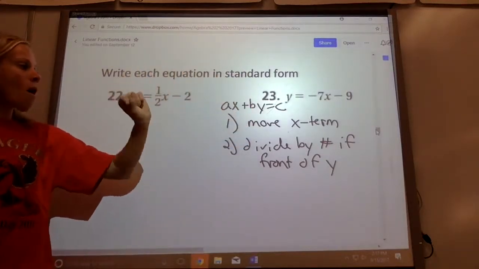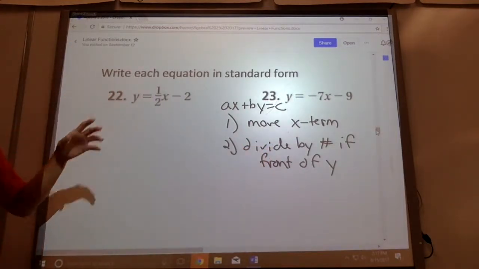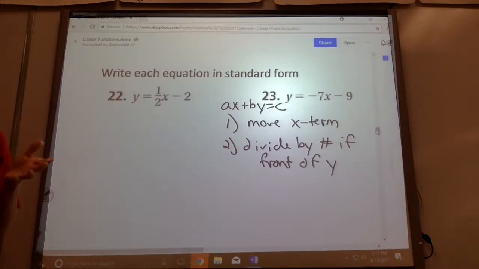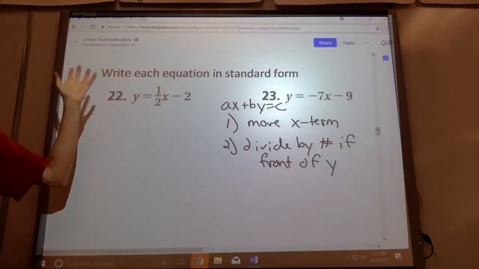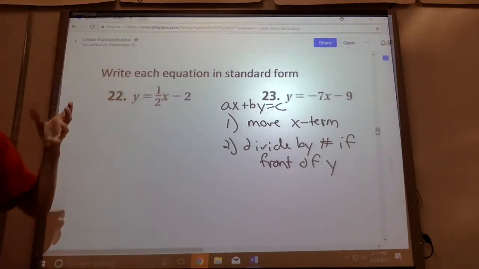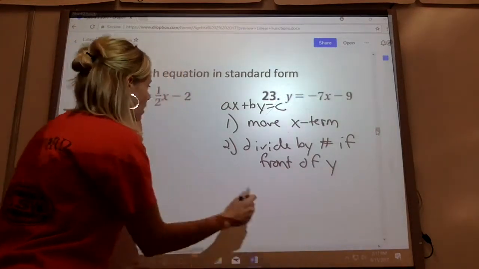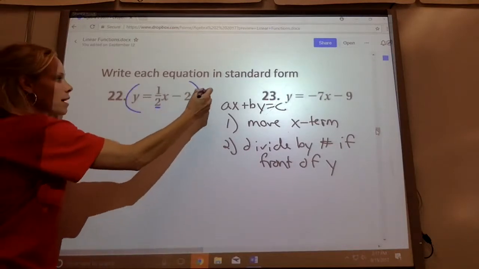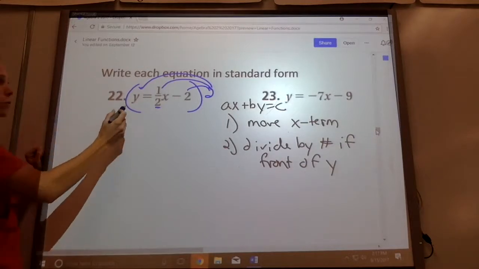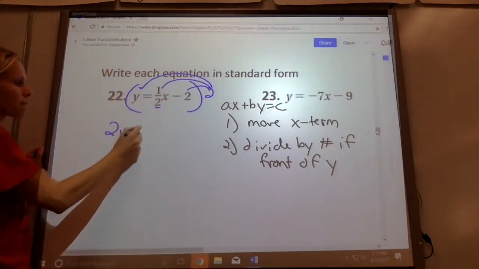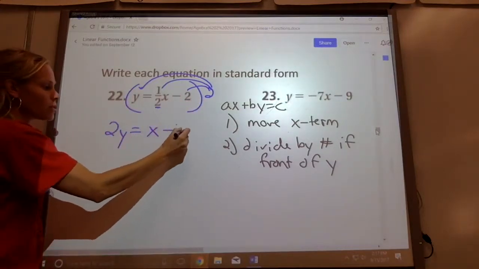Okay. So the opposite of divide, of course, is multiply. So you look at your terms and you look to see if there's any fractions and anything in the denominator. So in this case, I have this 2. Whatever fraction denominator I have, I'm going to multiply everything by that number because that'll get rid of your fractions. So in this case, since I have this 2, I'm going to multiply everything by 2. So this 2 gets multiplied to the y, the 2 to the 1/2, which is 1, the 2 to the -2, which is -4.